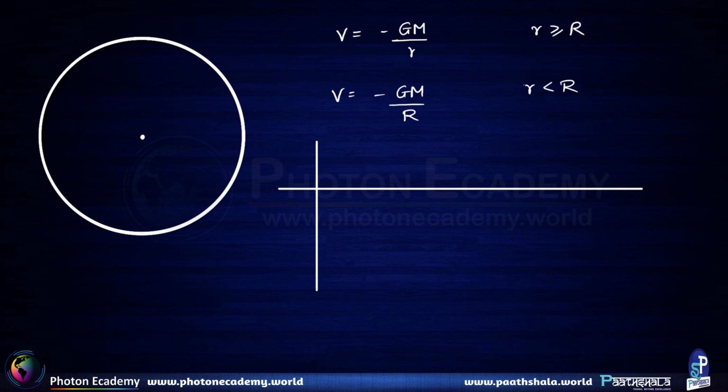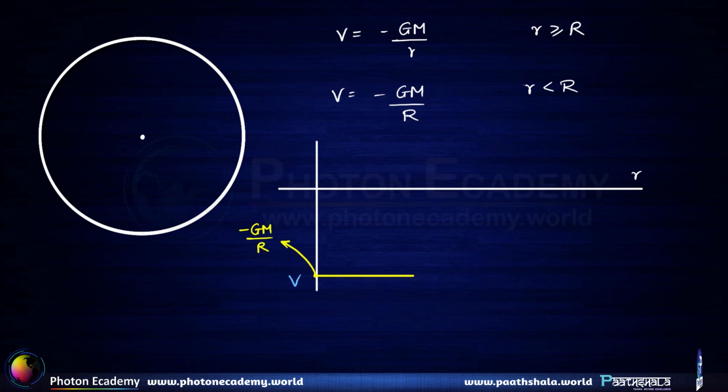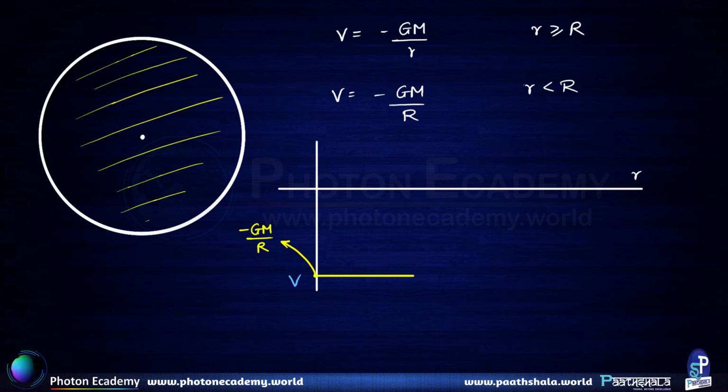So this is the graph of potential versus R. So it will be negative Gm upon capital R. This particular value happens to be negative Gm upon capital R for points that are in the interior region. So in the interior region, and on the surface, the potential happens to be negative Gm upon capital R.